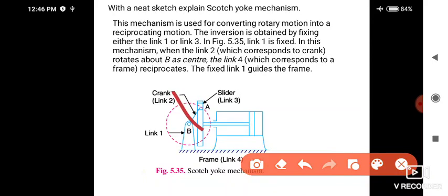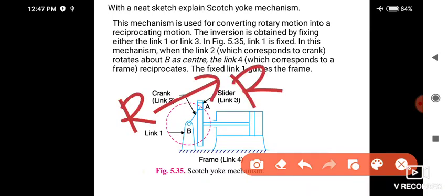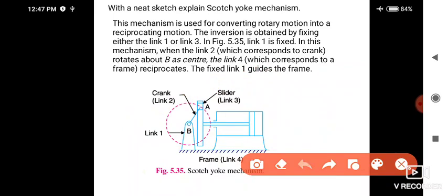So whenever this crank starts rotating, with the help of this connecting rod, reciprocation will be taking place inside this cylinder, okay. So that's why finally we are getting rotary motion converted to reciprocating motion through this Scotch yoke mechanism. Like that you have to write the explanation after drawing the sketch.